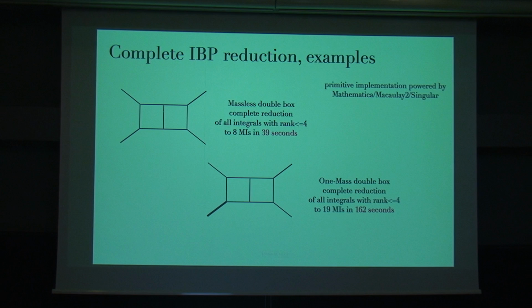And if you introduce one mass to a diagram, still quite fast. You can reduce all this kind of numerator up to rank 4 to 19 master integrals in about 160 seconds. That's just a quite primitive implementation in Mathematica, Singular and Macaulay2.